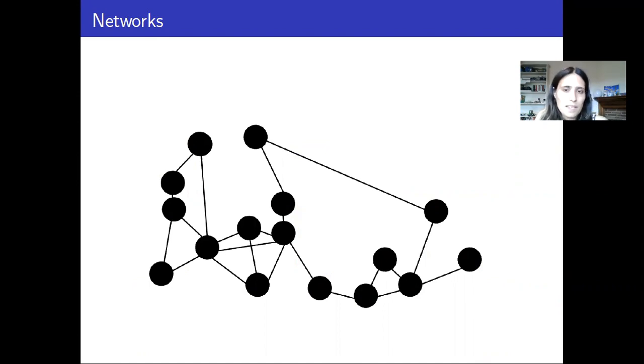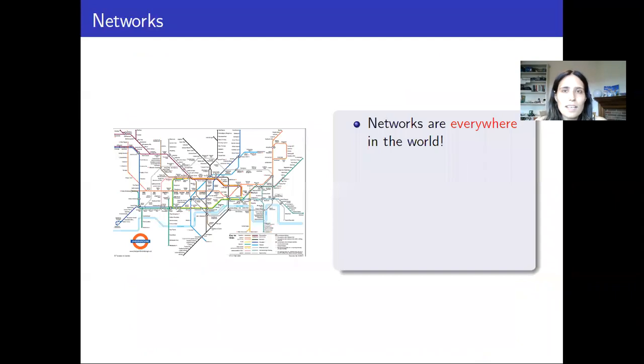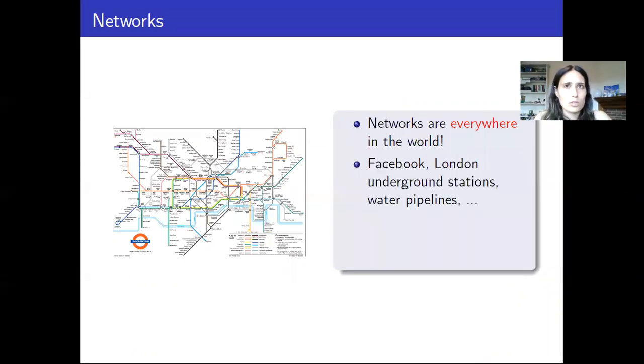So why would we be interested in this sort of thing? Well, in the world, networks are everywhere. Probably almost anything you can think of is some sort of network. For example, there are many online networks, such as Facebook, which is a social network. The London Underground stations form a network.